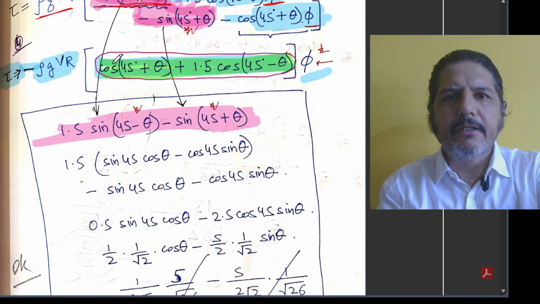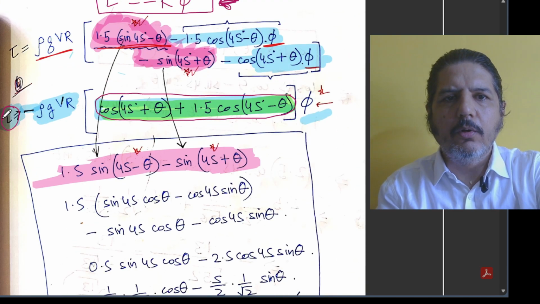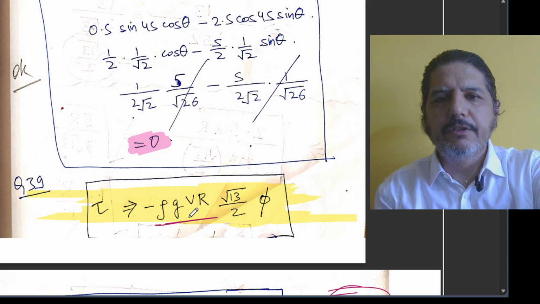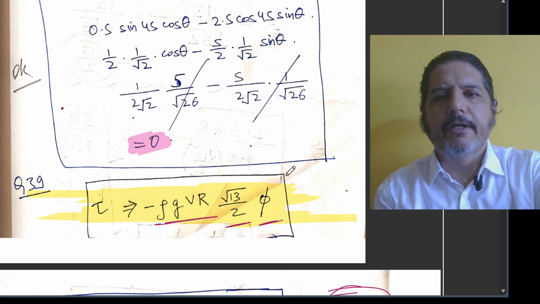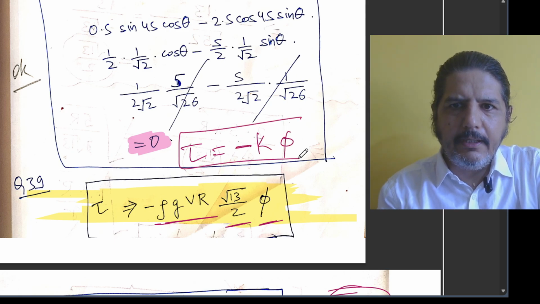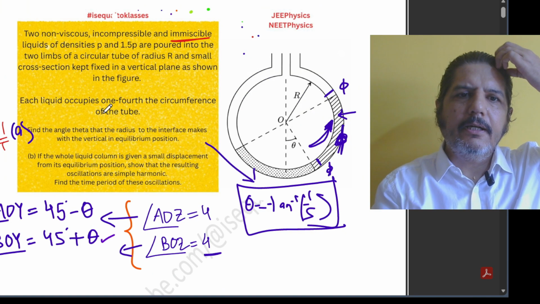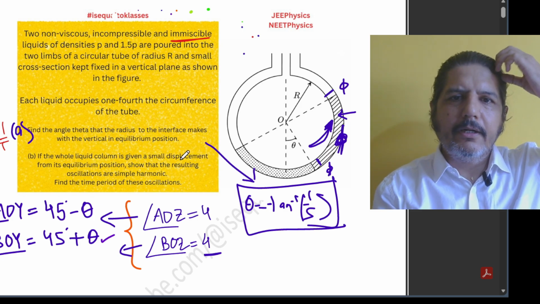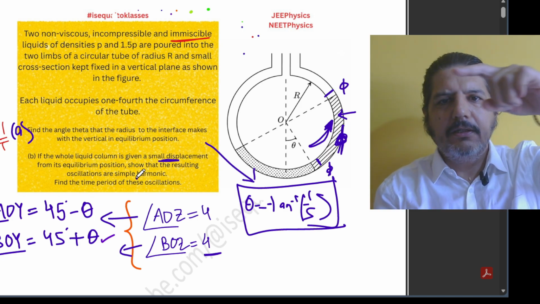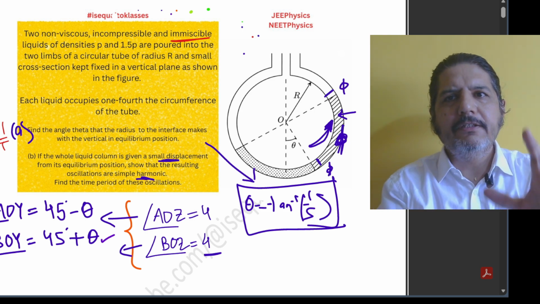So that is why this whole torque, tau, can be written as minus rho g VR multiplied by root 13 by 2 phi. And so this is basically tau is equal to minus k phi. And that is what we have shown, that when the whole liquid is given a small displacement, the resulting oscillation is a SHM. So we have reached till here.